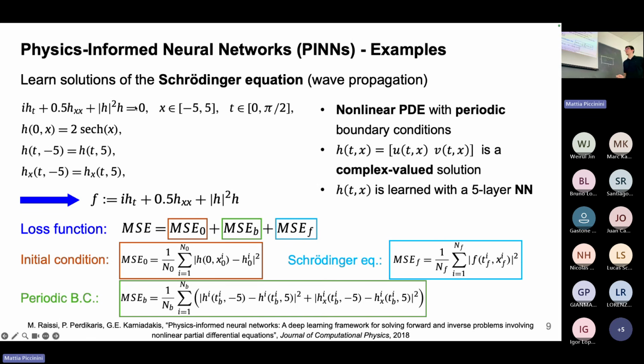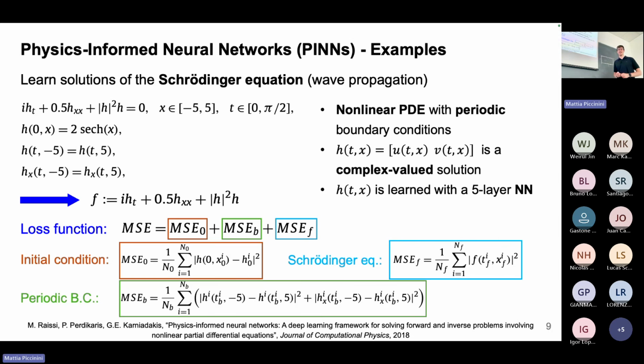So you're right, it's not the classical error term in which you have something unknown and something known, a target and the output of the network. Here the target can be 0. You can write the norm of F minus 0, squared. You would like to drive F as close as possible to 0 because that's what your equation imposes. Is it more clear now? Okay, great, thanks for the question.